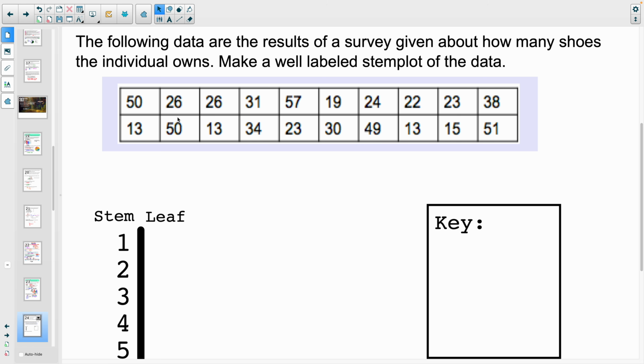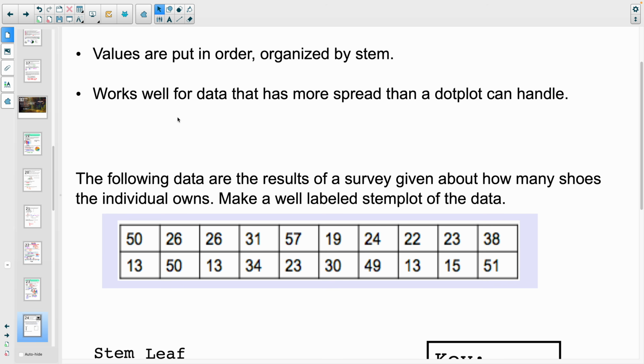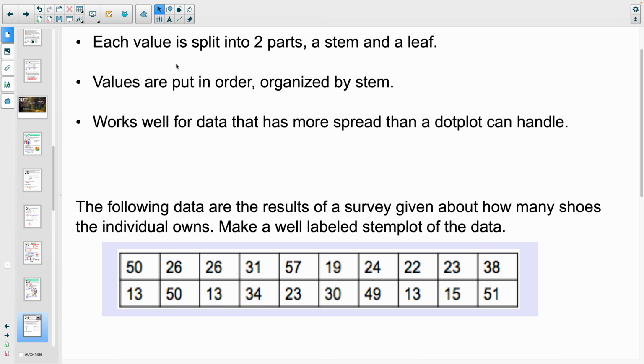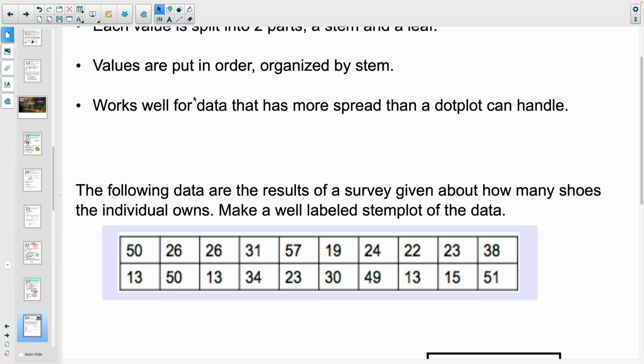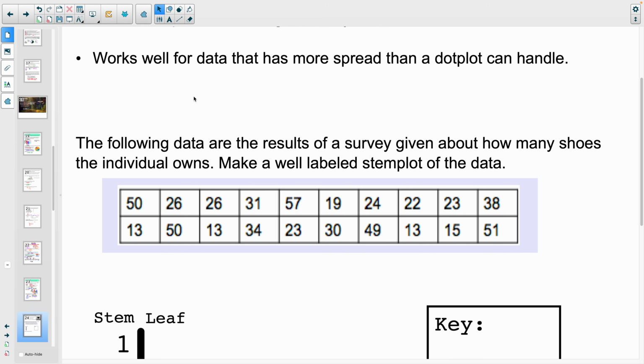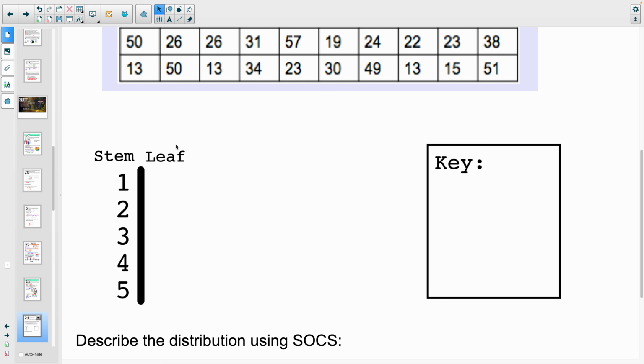Okay, so stem plots are just like box plots, right? The only thing is that we split the numbers into 2 parts. We put them in order, organized by stem, and we go from there. What does that mean for us? This 1 on the left side means we're going to look for all the numbers that start with a 1, meaning we have 13, 13, another 13, and a 15.